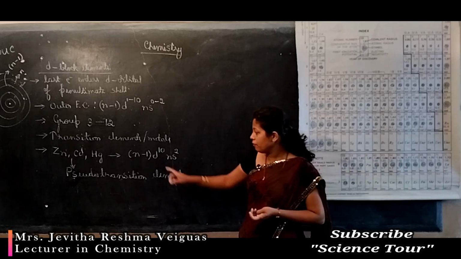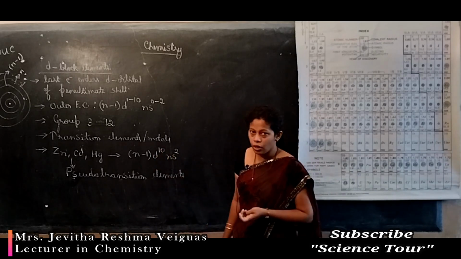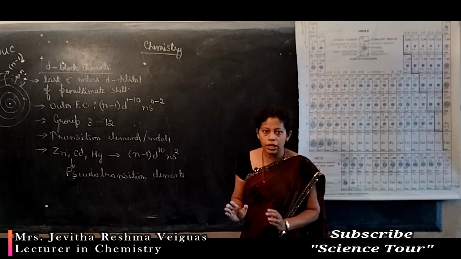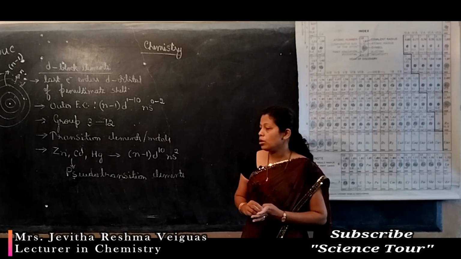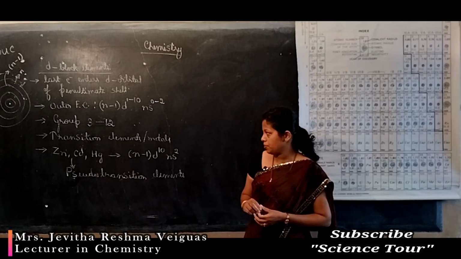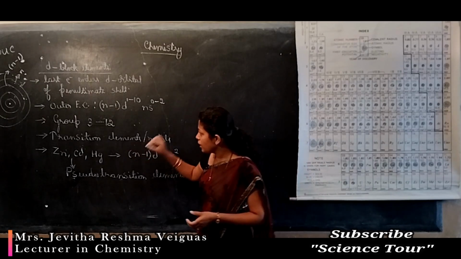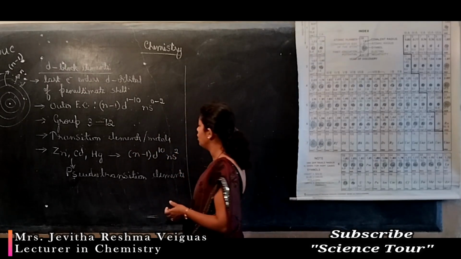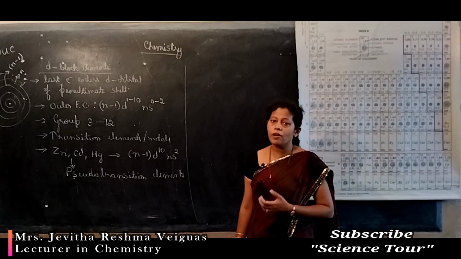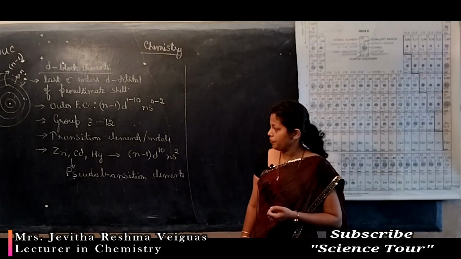Zinc, cadmium, and mercury have 10 electrons in the D orbital, meaning the D orbital is completely filled. Hence, they are called pseudo transition elements. So these three are the exception in the D block elements which have completely filled D orbitals.